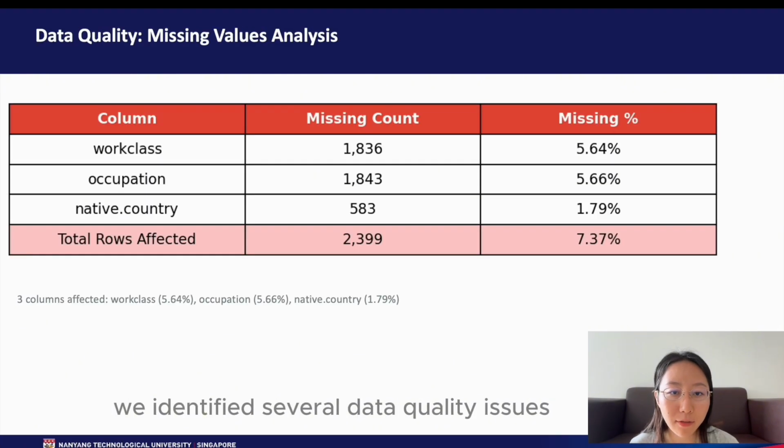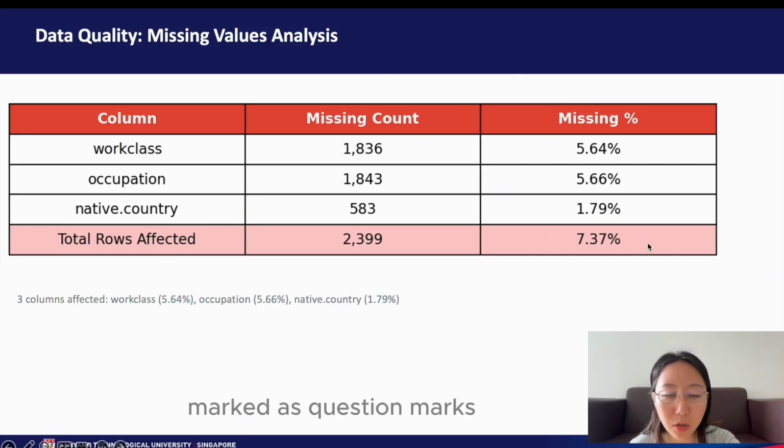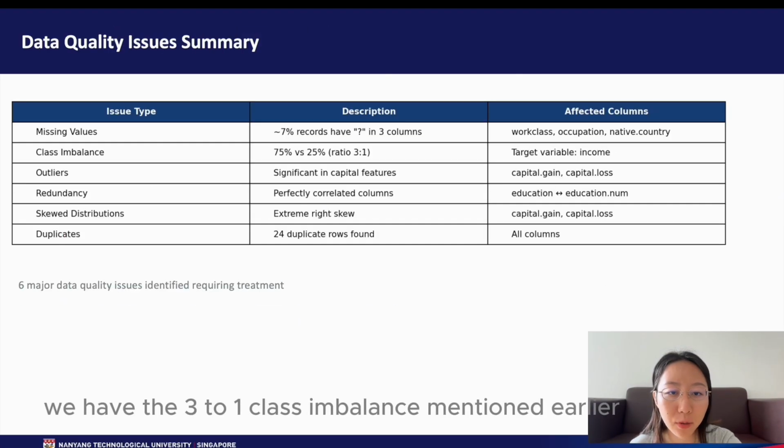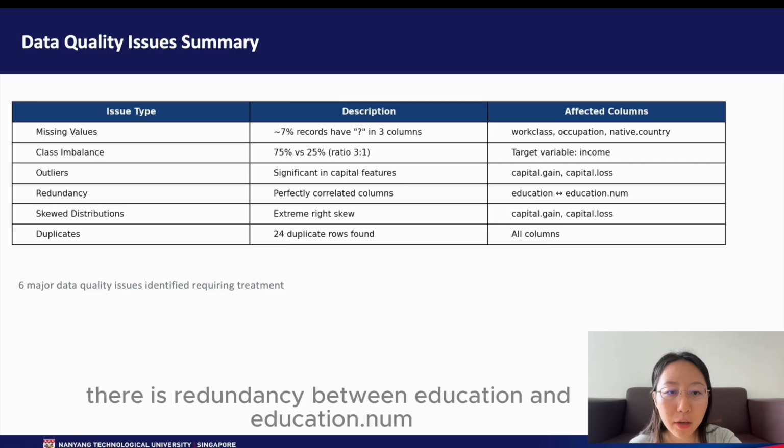We identified several data quality issues. About 7% of records have missing values marked as question marks. We have the 3-to-1 class imbalance mentioned earlier. Significant outliers exist in capital features. There's redundancy between education and education num.